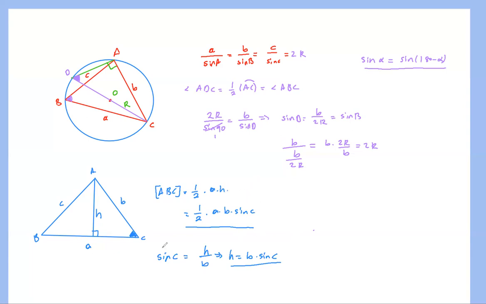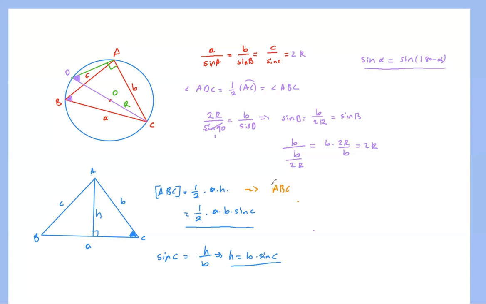The reason why I show this one as well is because we're going to combine this one and the extended law of sine to find another relation. We already know C over sine C equals 2R, B over sine B is 2R for any triangle, and we can use this area approach in any triangle. So for that reason, let's try to combine those.